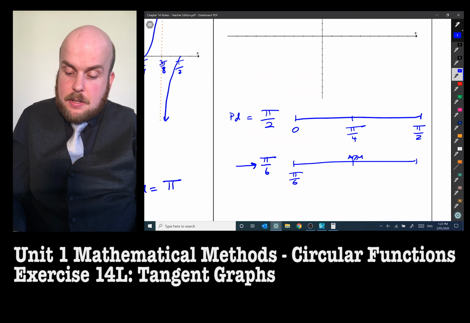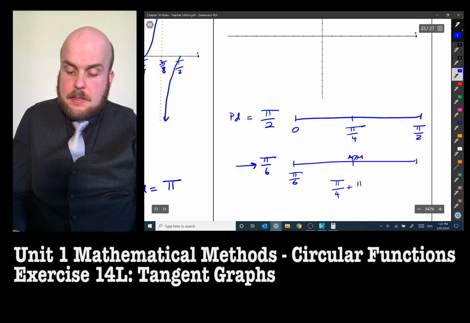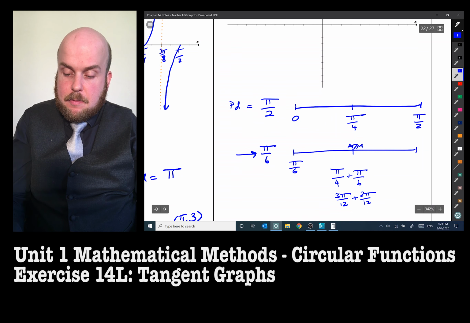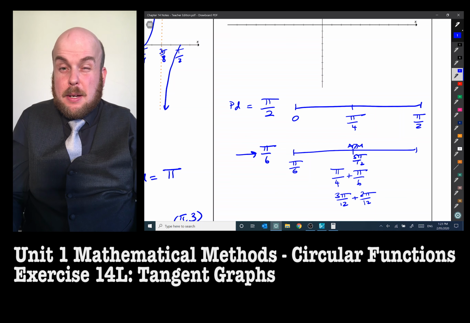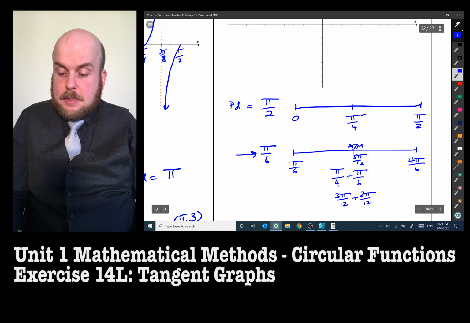So for the asymptote, we're moving from pi on 4 plus pi on 6. So that's going to be equal to 3 pi on 12 plus 2 pi on 12, making that 5 pi on 12. And then we've got pi on 2 plus another pi on 6, so that's going to make 4 pi on 6.